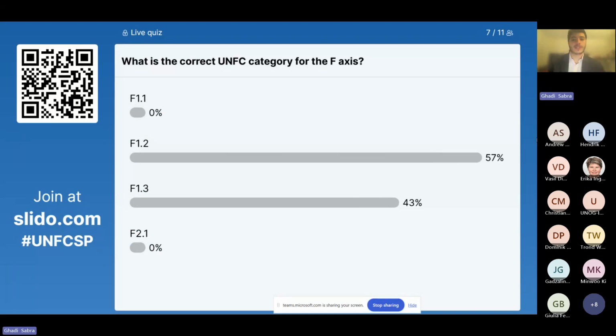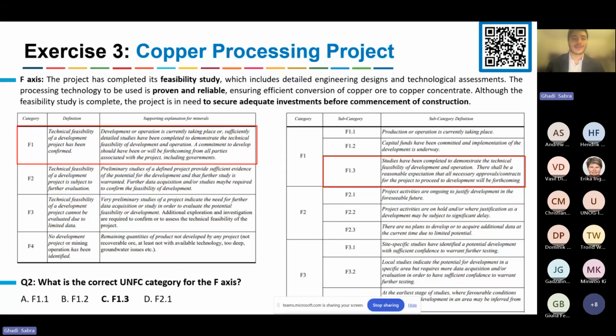So the majority answered 1.2, which is not the case. 1.2 means that capital has been allocated, yet the project is looking for investors. So 1.3 is more suitable, and it means that the studies have been completed to demonstrate the technical feasibility, and there shall be reasonable expectations that all necessary approvals, contracts, etc., will be forthcoming.